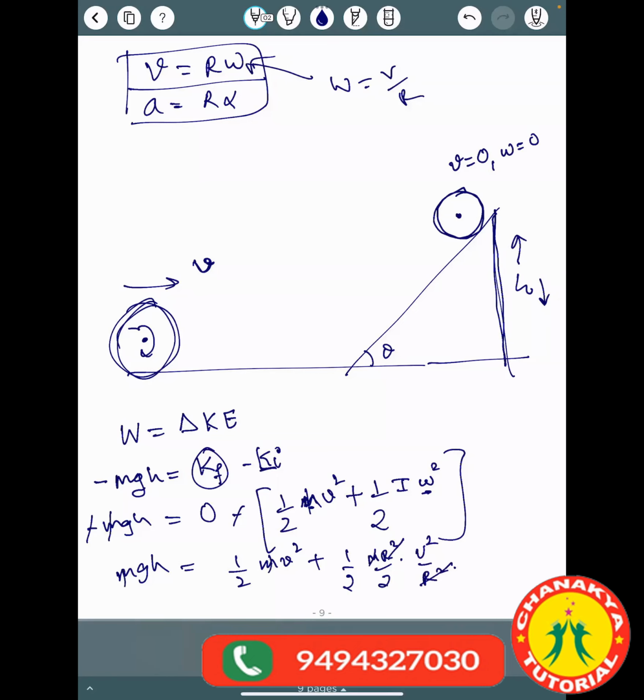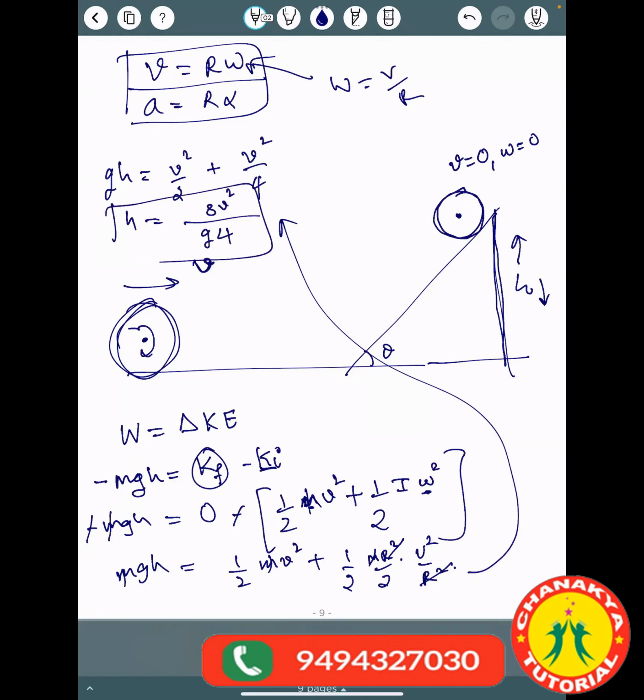So from here, what we are getting is gh is equal to v square by 2 plus v square by 4. Correct, guys? Am I doing correct? So from here, what will be h? Solve this. LCM is 4. 3v square divided by g. This will be your answer: 3v square by 4g. Simple, right?